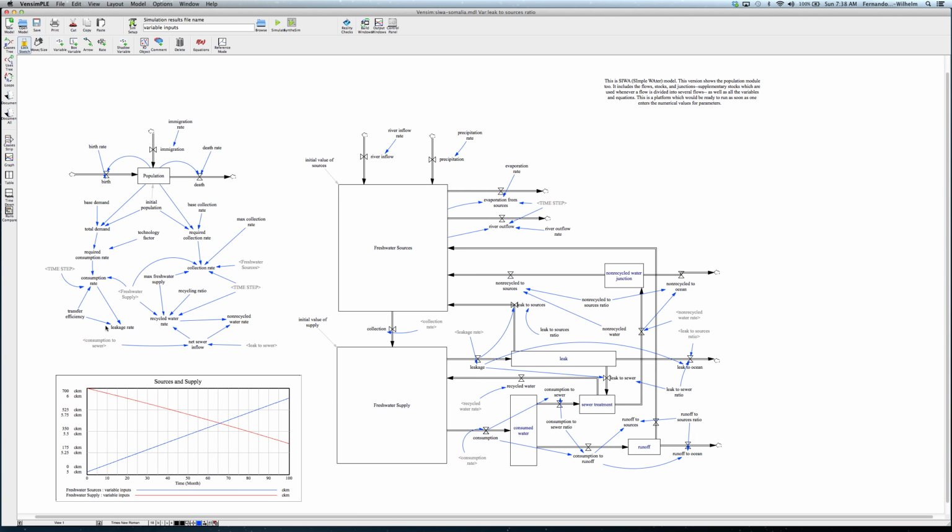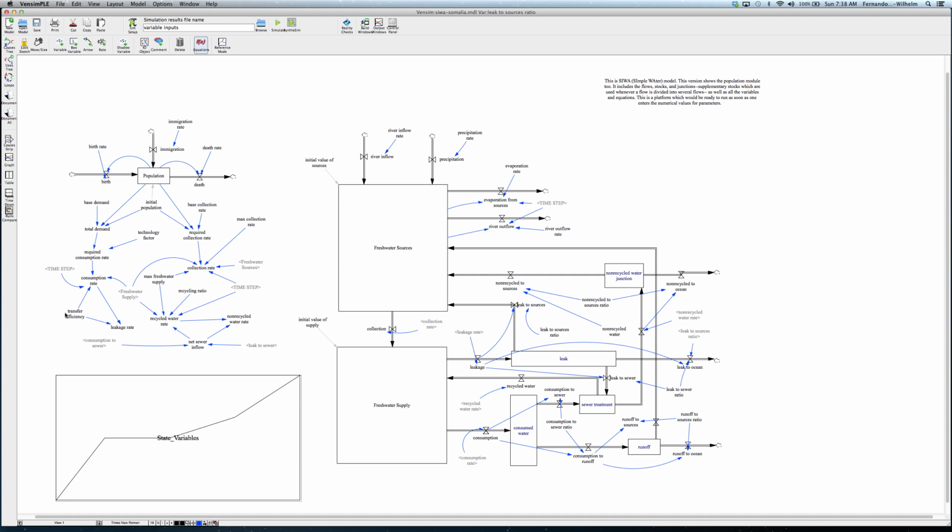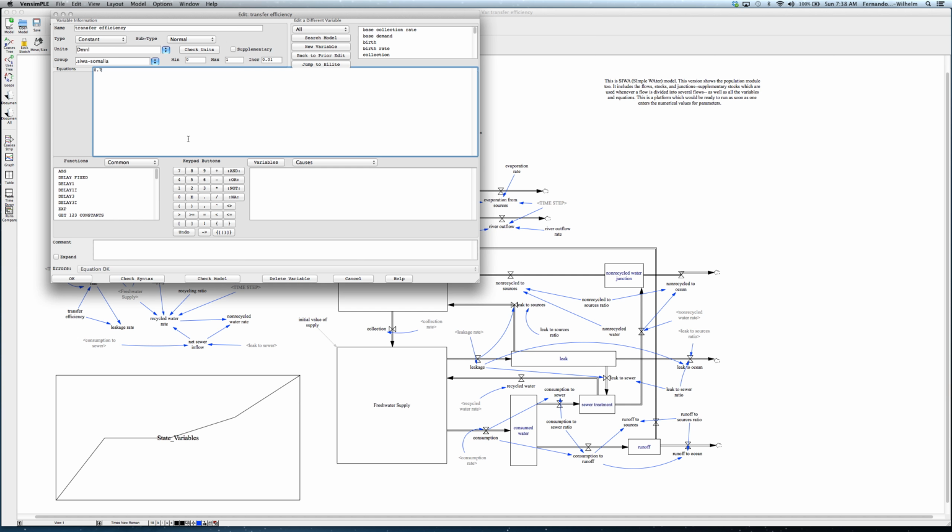If you go to this transfer efficiency, this is essentially the ability of not losing water. And what this is saying here is that there's 70% of water that is transmitted from sources to supply.